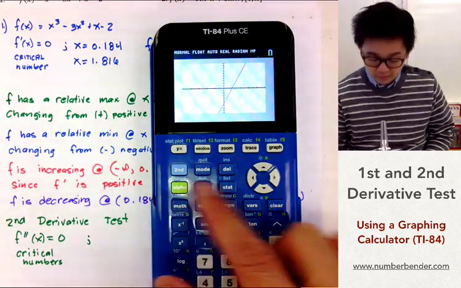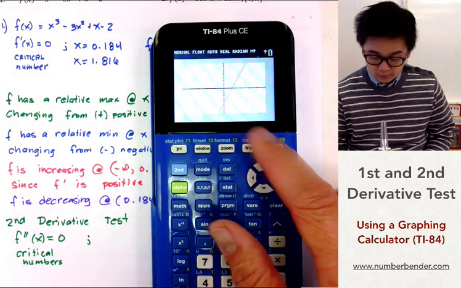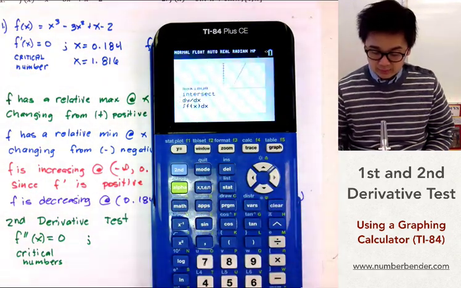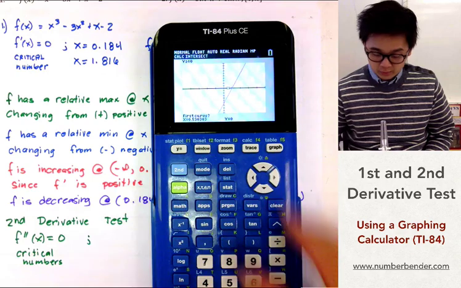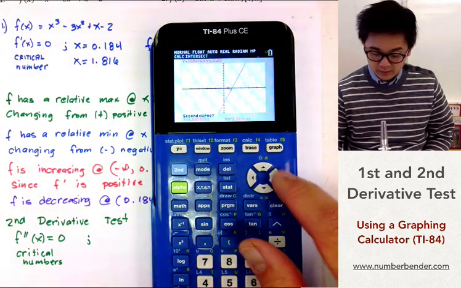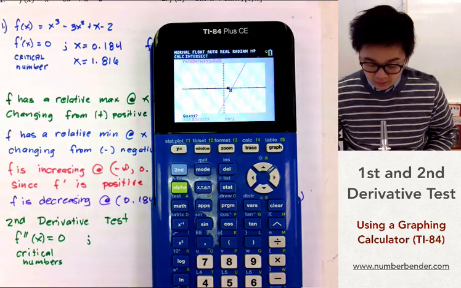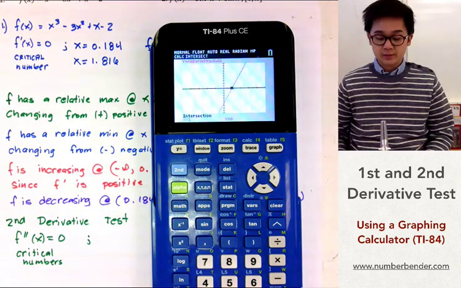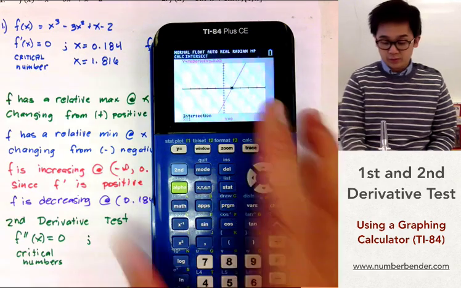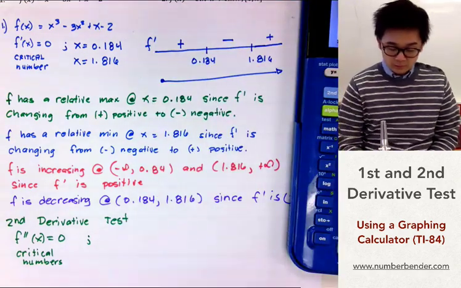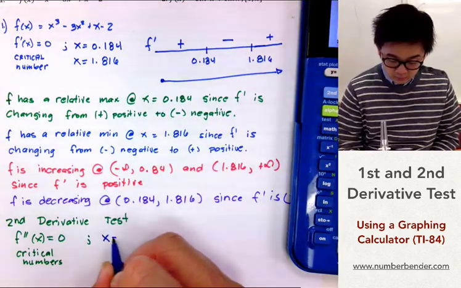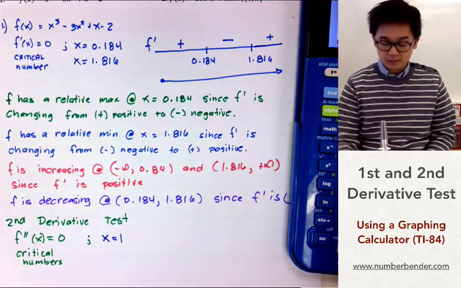So just like what we did, second function, trace, go to intersect, and this is our y equals 0, and this is our second derivative graph, which is y sub 4 in our TI-84, and it's giving us 1 as its point of intersection. Therefore the critical number for the second derivative test is 1.